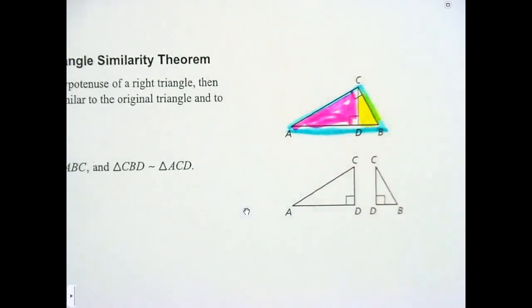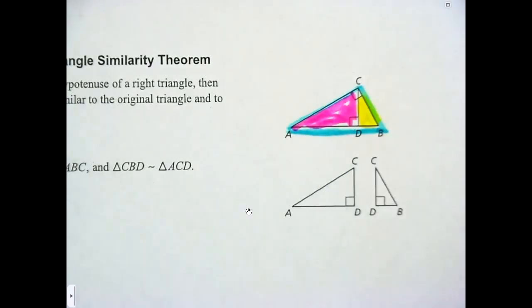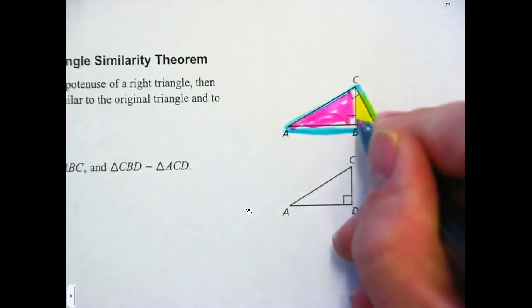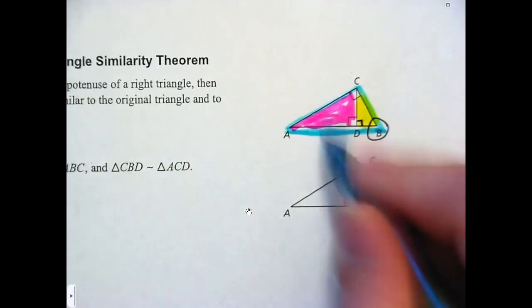Now, I don't expect you to always separate them, but being able to see that these two smaller ones make up the bigger. All right? Those three triangles are similar. We can prove they're similar, and I'm hoping you just don't take my word for it. So why are they similar? Well, this one has a right angle, and it shares an angle in common with the big triangle.